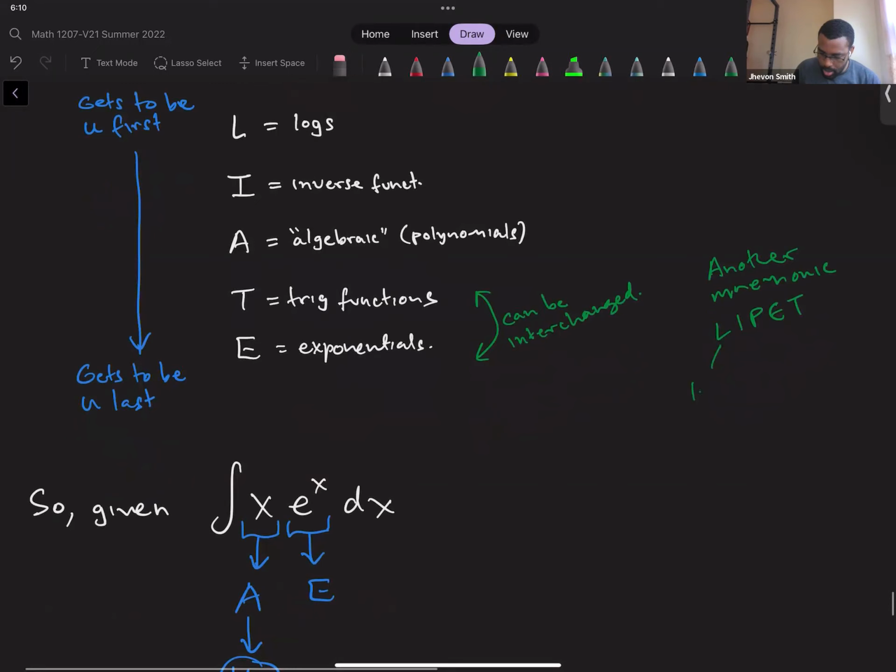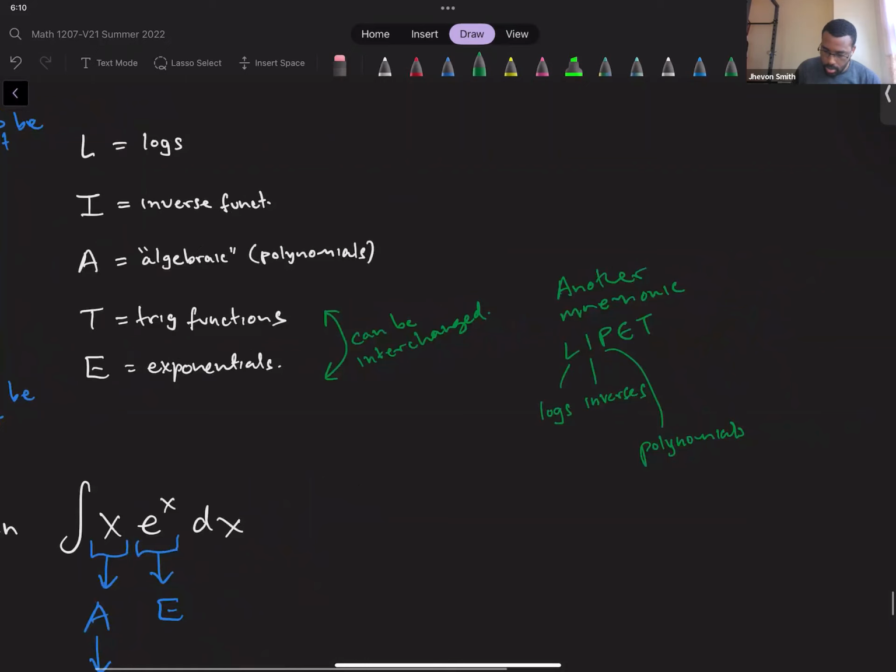So this is with logs, inverses, polynomials, exponentials, and trig functions.